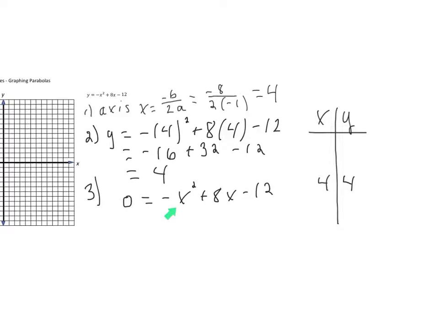There are 3 different ways we can do this. We could take all 3 of these terms and move them to the left, which will make this be a positive x squared, a negative 8x, and a positive 12. Or we could factor out a GCF of negative 1. The new way I'm going to show you is because you have an equation, we essentially can multiply through by negative 1, which will change all the signs for us.